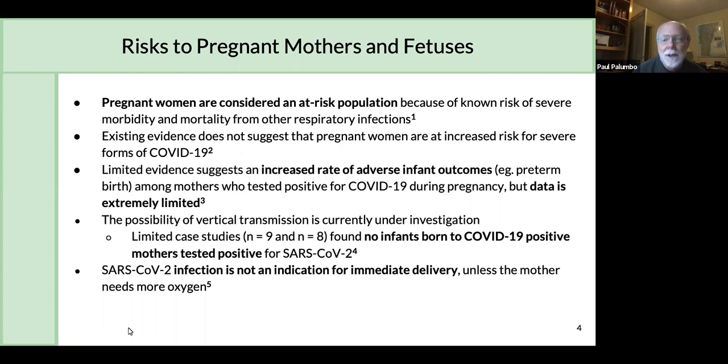So no virologic evidence of in utero mother-to-child transmission. We also, in our guidelines, coronavirus infection is not an indication for early or immediate delivery unless there are maternal indications for that.